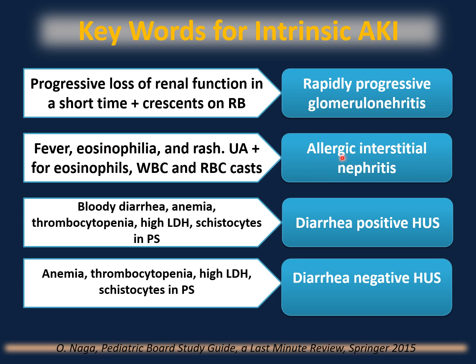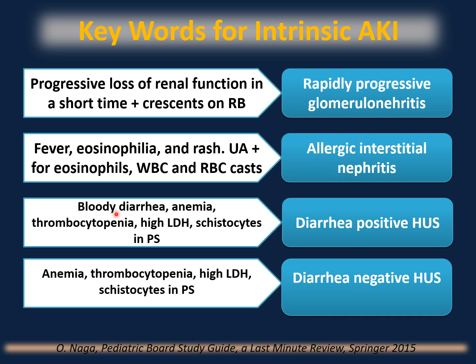Allergic interstitial nephritis can be associated with systemic disease, for example Sjogren's syndrome and sarcoidosis, and can also be a result of rejection of renal transplant. So remember the keywords for this disease: the triad of fever, eosinophilia, and rash associated with renal failure. This is allergic interstitial nephritis.